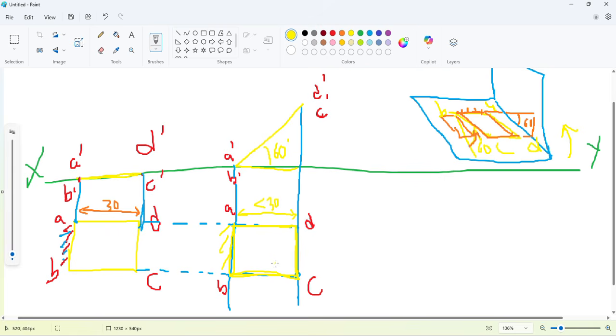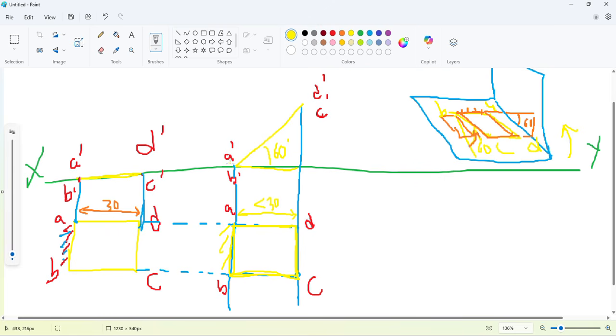So first what we have drawn, first we have made this top view, then out of this top view we have created the front view, then from this front view we just selected this thing and copied it and rotated it. Or in manual drawing we just need to draw an inclined line at 60 degrees, and the length should be equal to this front view.